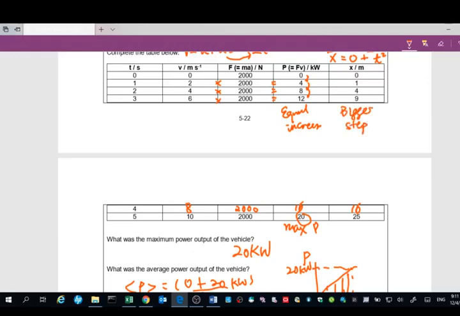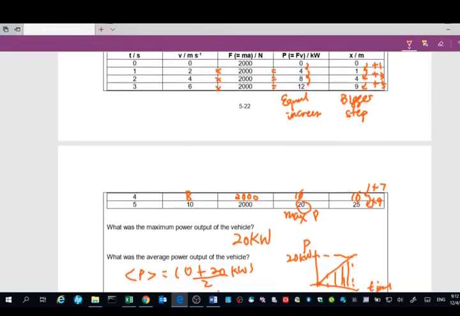From 0 here to here is 1, an increase by 1. From here to here, increase by 3. From here, increase by 5. And then from here to here, increase by 7. Then from here, as you can see, the increase is getting bigger and bigger. So as you plot the graph of P against X, the power column increases equally, but the X column increases by a bigger step.